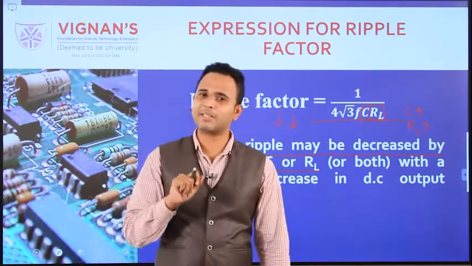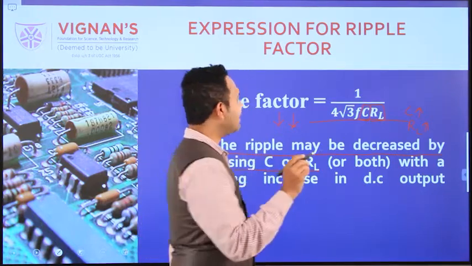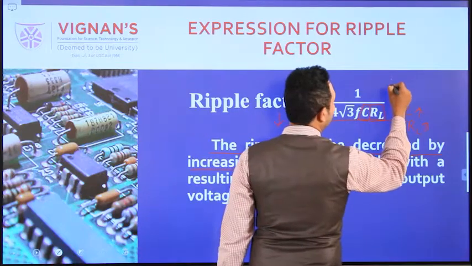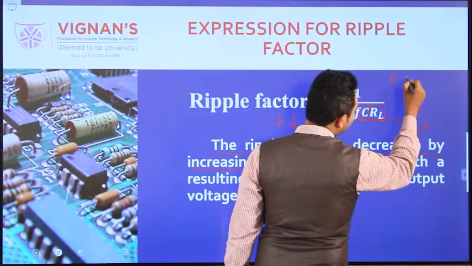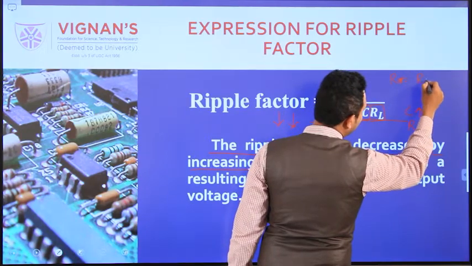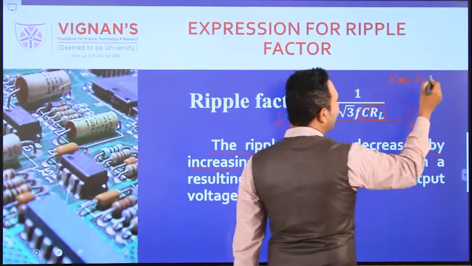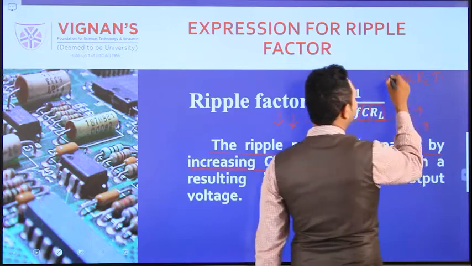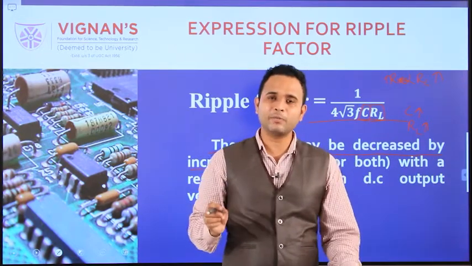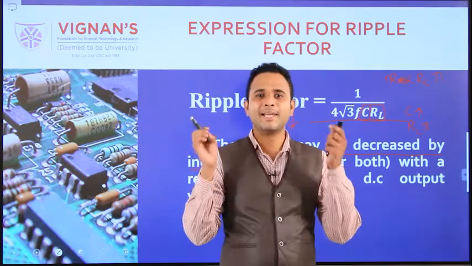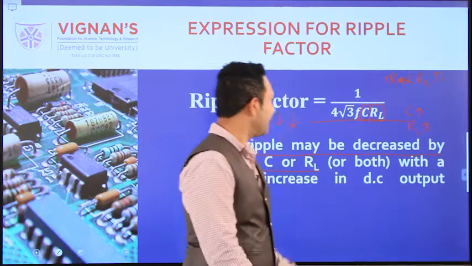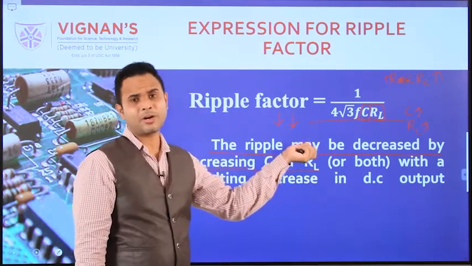But what happens with the inductor filter? For the inductor filter, the ripple factor is directly proportional to R_L. When R_L increases, the ripple factor also increases. So for inductive filters we have to use a small load resistance, but here that is not necessary.